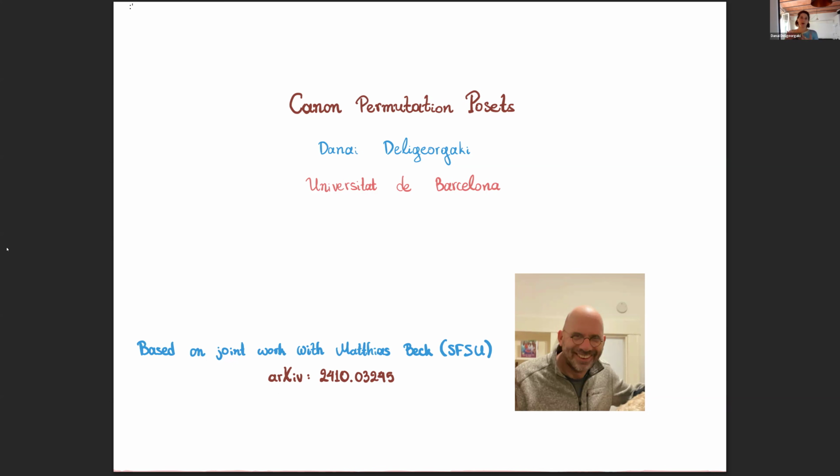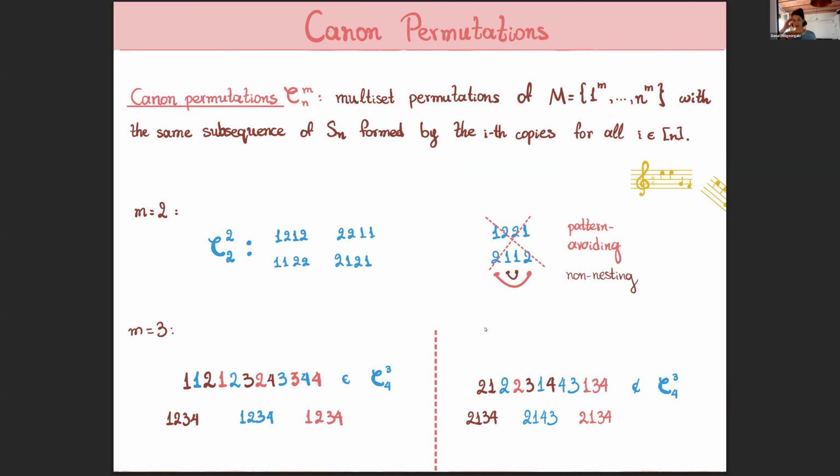So this talk is going to be about permutations, posets, and polynomials. And let's start with the permutations. I'm going to talk about Canon permutations. Great. So these are multiset permutations. I have a multiset with entries from 1 to n that repeat a certain number of times.